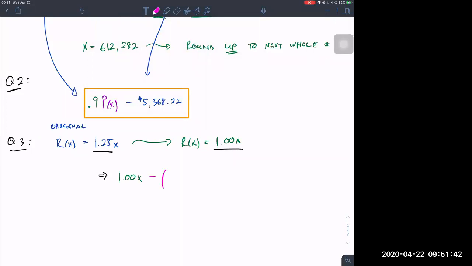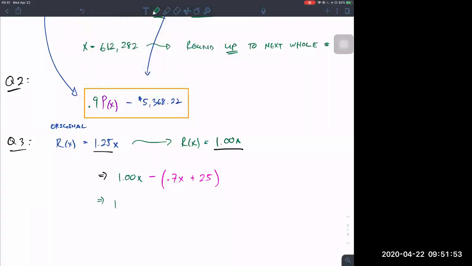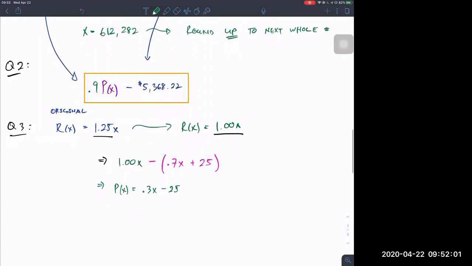And remember, if you don't remember the cost function, it was 0.7x plus 25. So now your new profit function will be P of x equals, what is that? Should be 0.3x minus 25. Okay, so that's that. Make sure I did that right. Yeah, 0.3x minus 25. Okay, so if you did it that way, perfect.